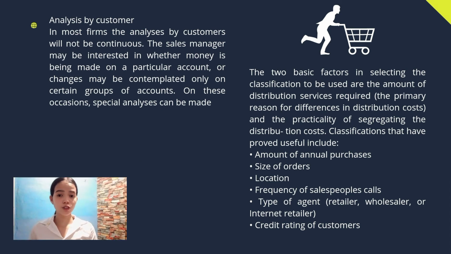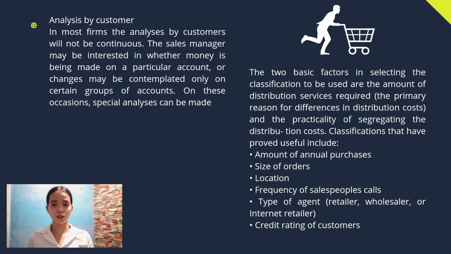Even though individual customers might be analyzed, especially if there are a few high-volume accounts, most analyses will focus on particular groupings or categories. The two basic factors in selecting the classification to be used are the amount of distribution services required, the primary reason for differences in distribution costs, and the practicality of segregating the distribution costs.